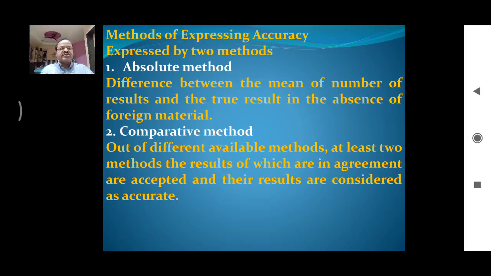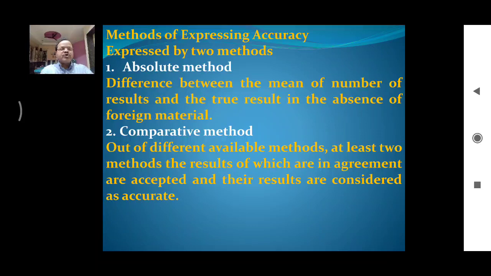Suppose the true value is 10 and after analysis we got the results 9.8, 9.9 and 9.7. Now if we find the mean of these 3, 9.7, 9.8 and 9.9, then 9.8 will be the mean of these results, and the difference between the true value, that is 10, and 9.8 is nothing but the absolute method.